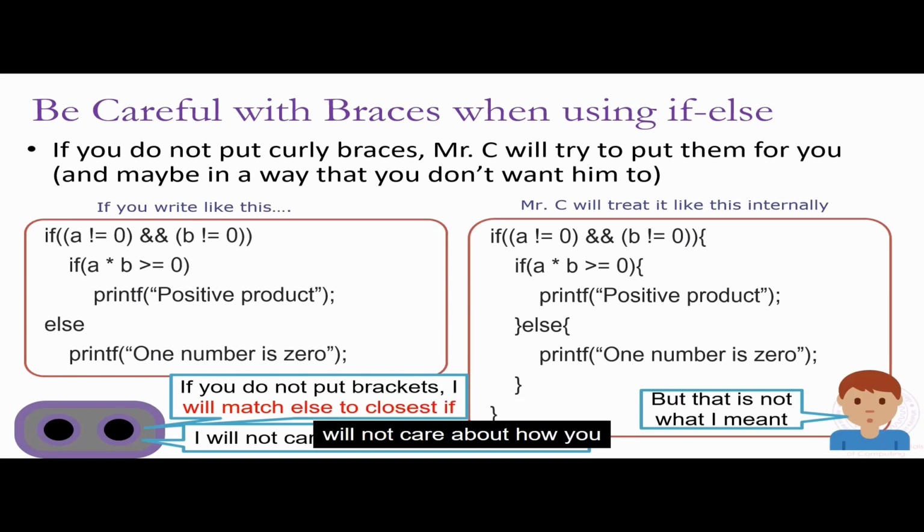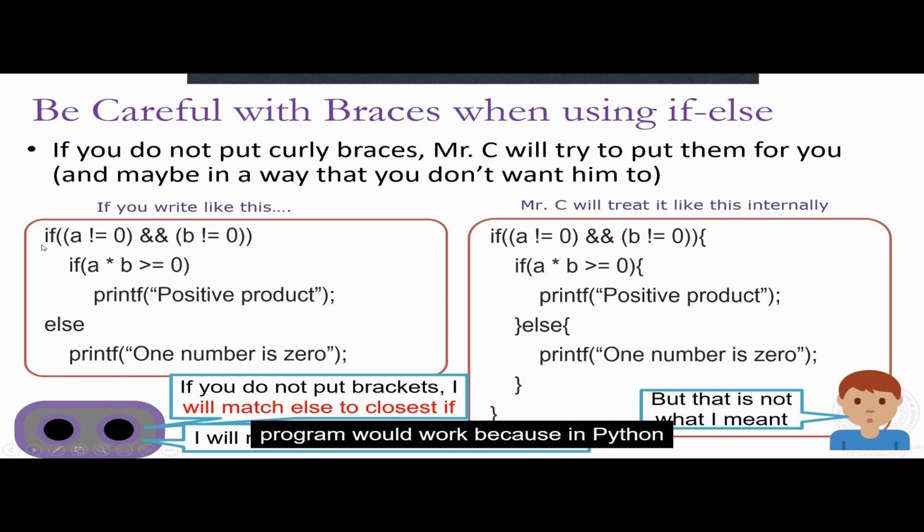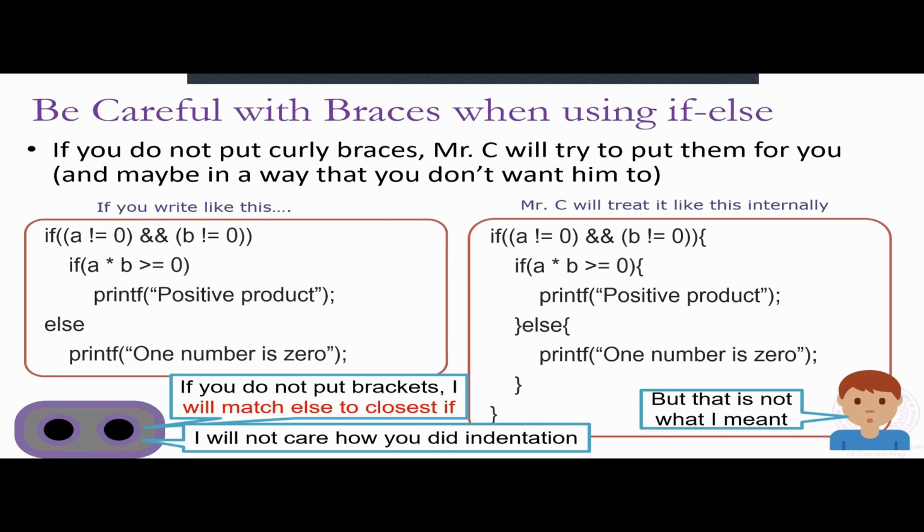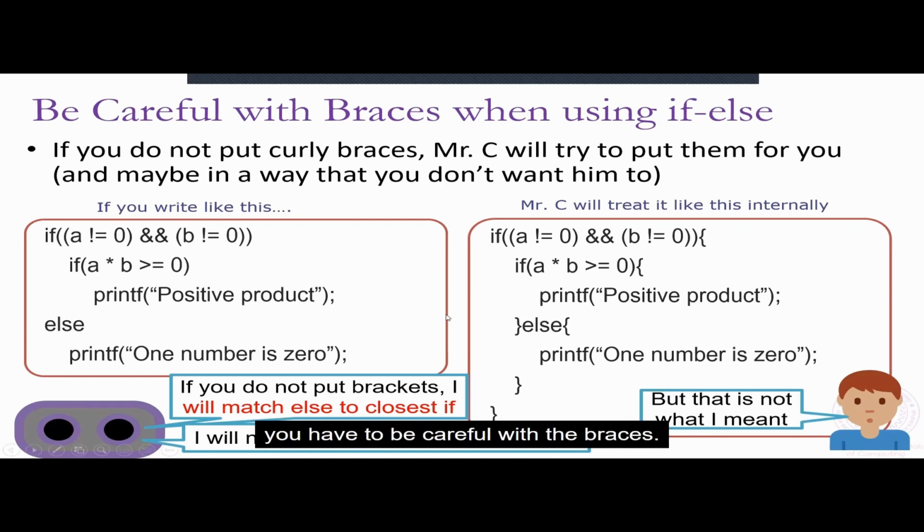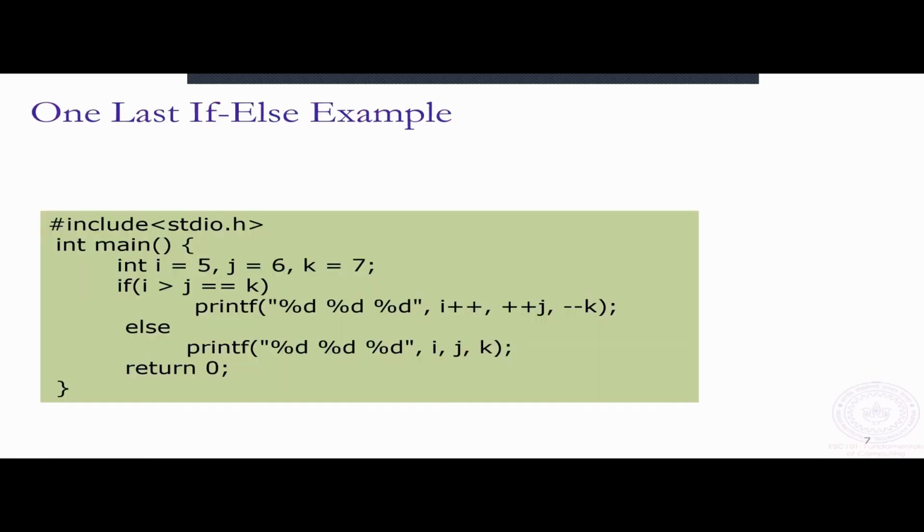Mr. C will not care about how you did the indentation. In Python, this program would work because in Python, indentation is what determines the control flow. But in C, indentation does not determine the control flow. The compiler does not see it. It only sees the braces, and so you have to be careful with the braces.